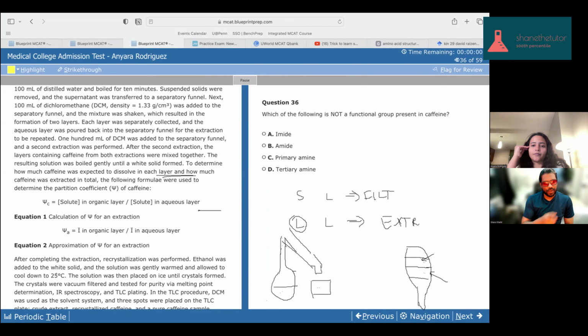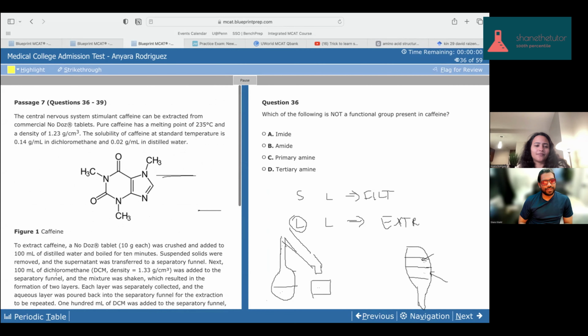Actually, if we go back up to figure 1, what layer do you think caffeine would be in? The DCM. Yep. Why? Well, the structure, but also it's telling me the solubility of caffeine in both. Oh, yeah. So you see that there's more solubility in dichloromethane. All right, good.